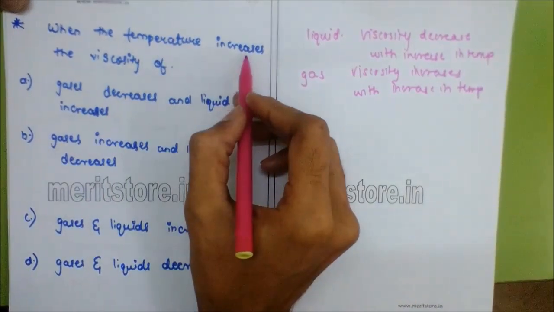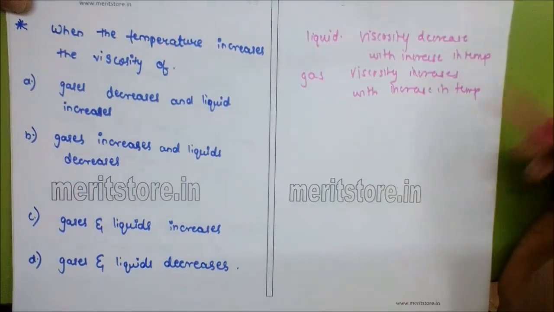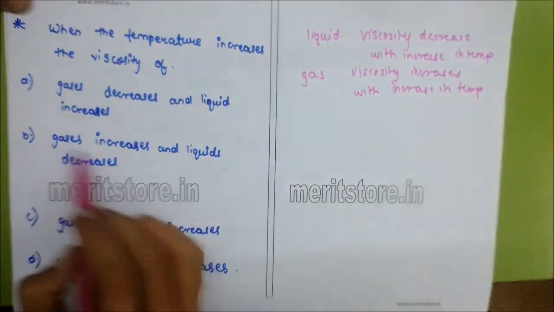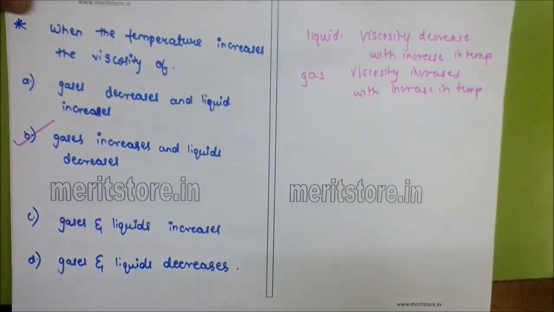Here the temperature is increasing, so the viscosity for a gas should increase and that for a liquid should decrease. So for the gas increases and the liquid decreases, we have option number B.